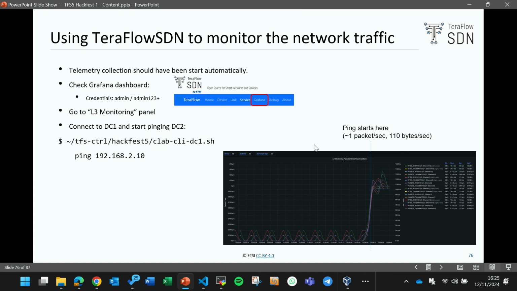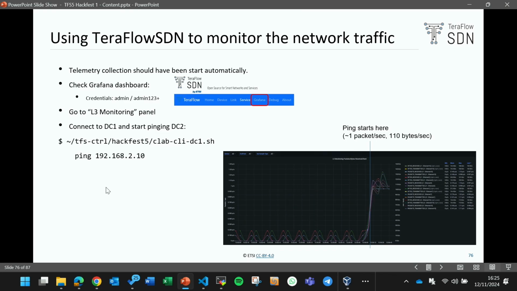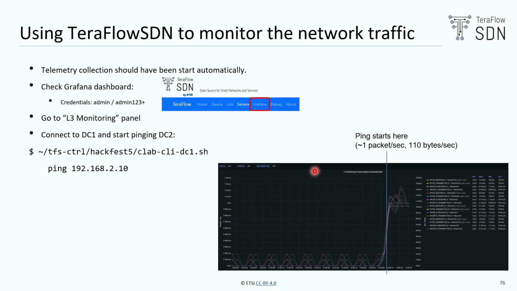The idea is that whenever you open the Grafana dashboard, you get a plot like this one, where you have on the x-axis the time, and a couple of y-axes. One of them is the packets per second, the other is the bytes per second.